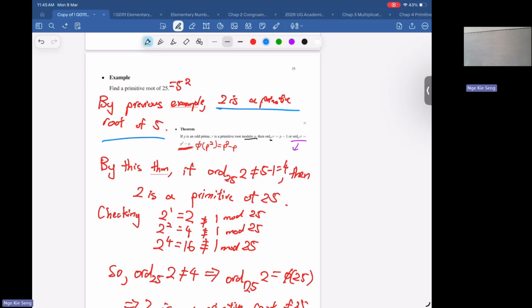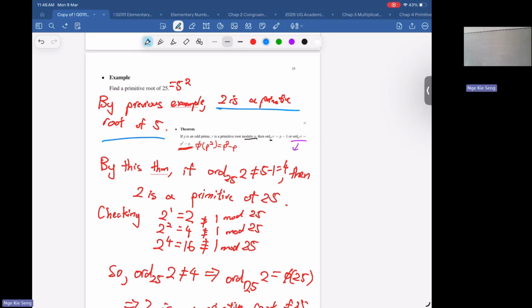So you remember the 5p thing? Okay, so 2 is a primitive root of 5. So 2 to the power up to 5 should be a complete reduced residue system. And then out of this reduced residue system, how many of them are primitive roots?